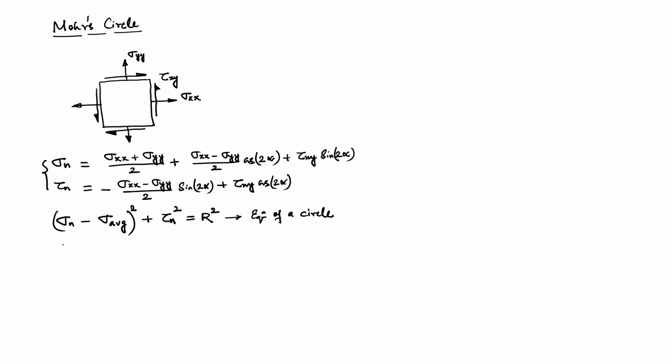Today, we are going to draw the Mohr circle. We will discuss how to construct the Mohr circle from this definition of 2D stress field. Here sigma average is what? It is the quantity we have here, sigma xx plus sigma yy by 2.